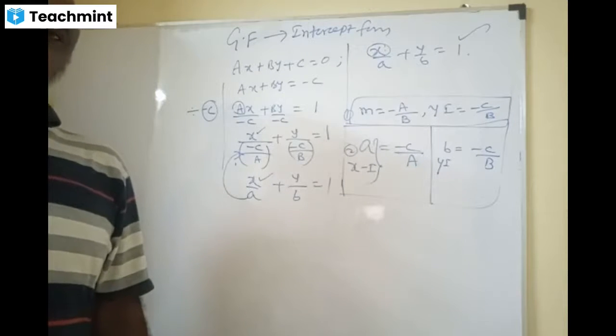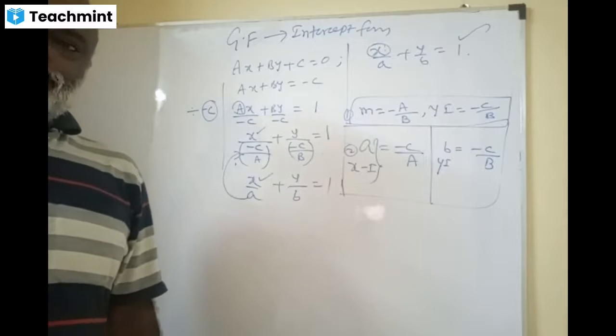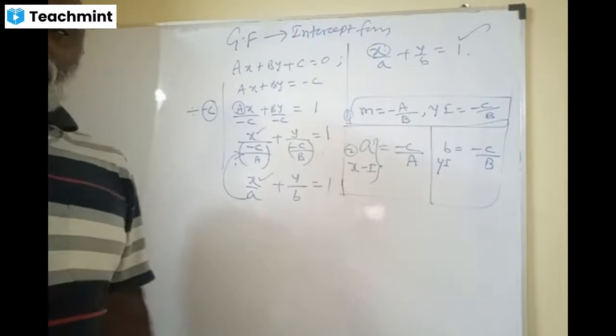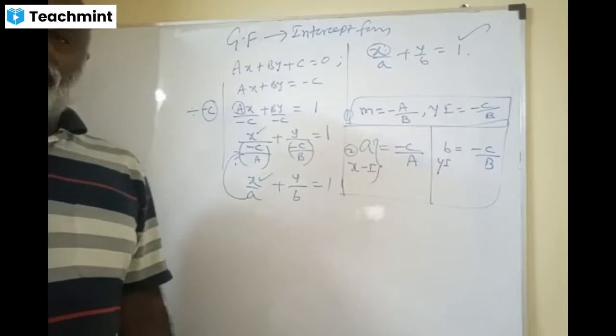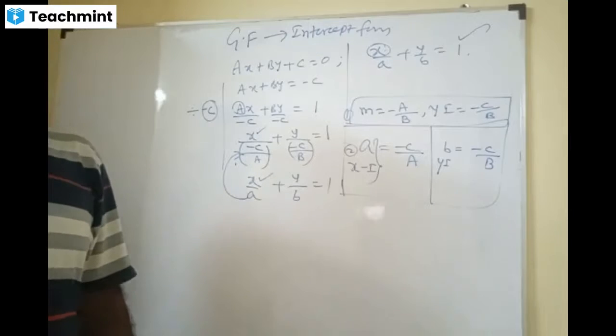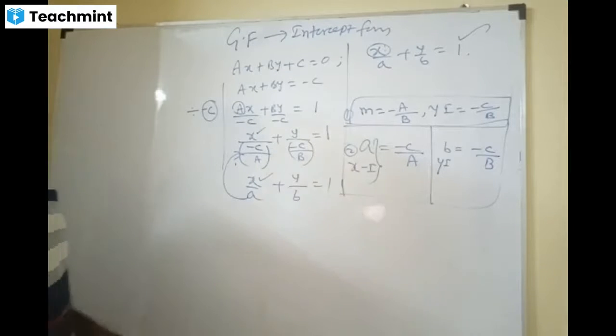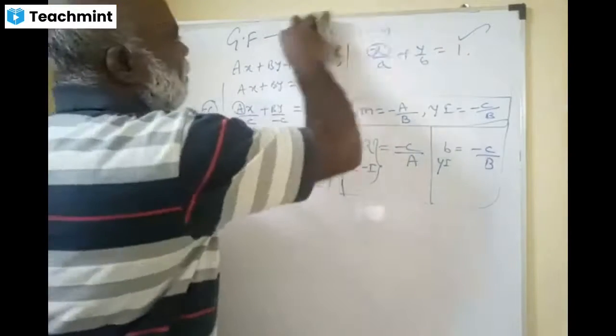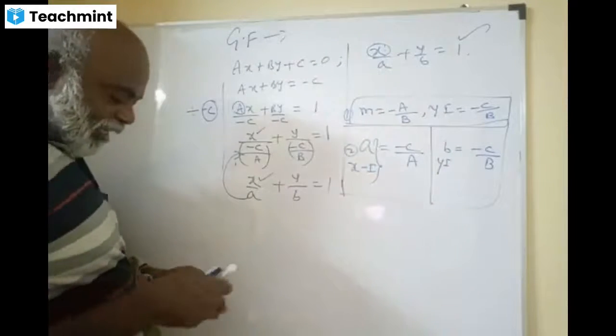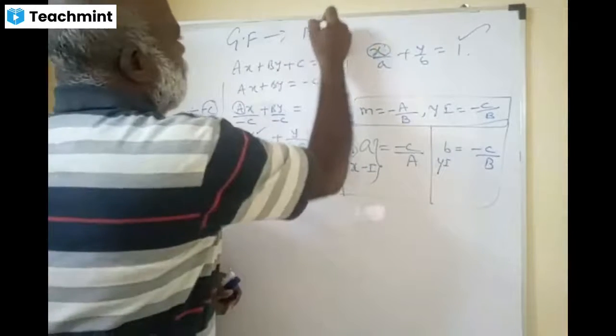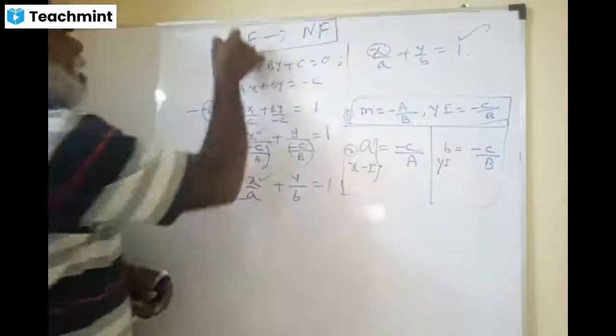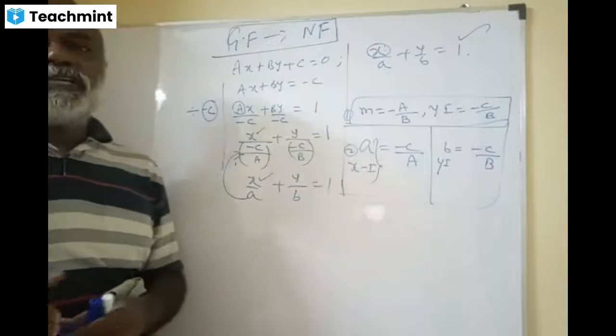General form to what form we have to convert? Normal form. Very good. Normal form, a very interesting one, not general to normal form. Wow. How to do this normal form?